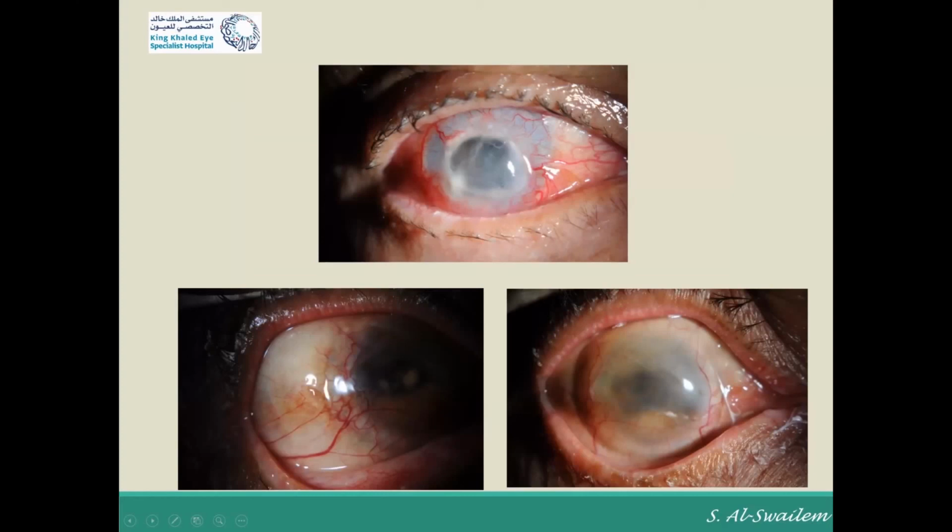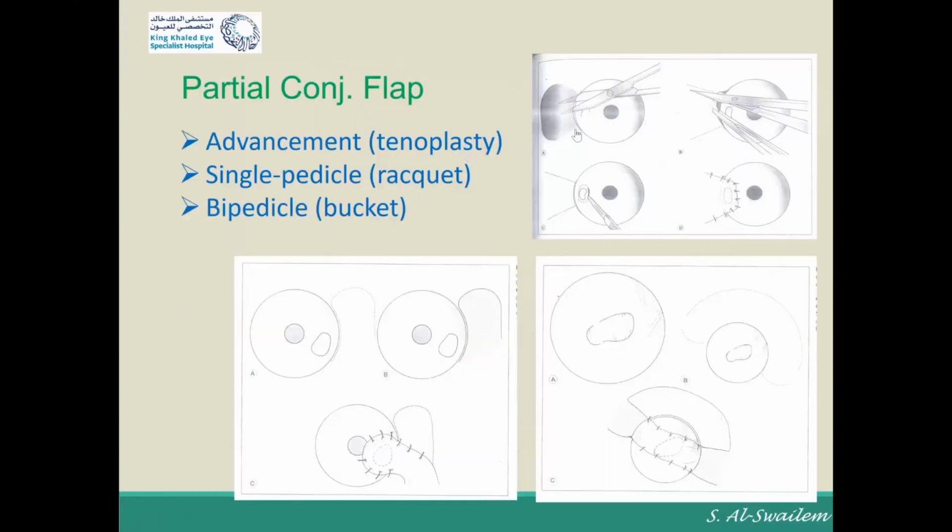For a partial conj flap, you can just do a simple advancement. You can just advance it directly, or you can do a single pedicle like this, I call it a cut, or you can do a bipedicle. We do that one, by the way, in certain cases. Let's say if there is a Dylan effect in the peripheral cornea and you want to cover it, you can apply that one very carefully. Or you can use it in patients where you don't have enough conjunctiva to cover the whole corneal surface.